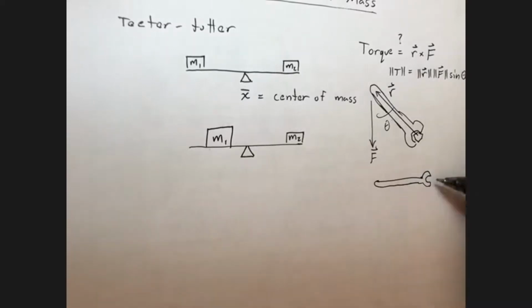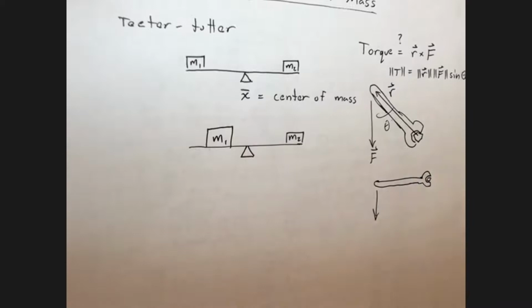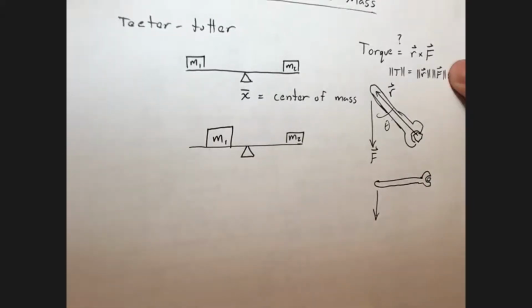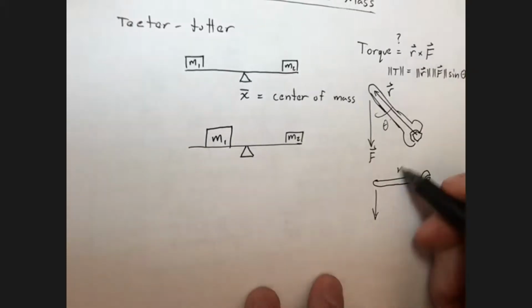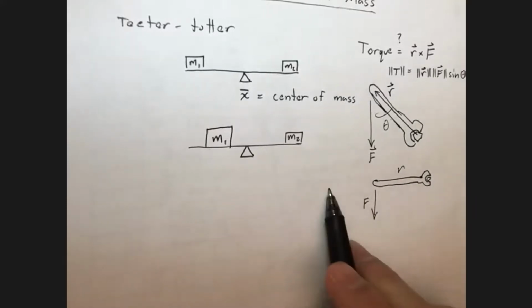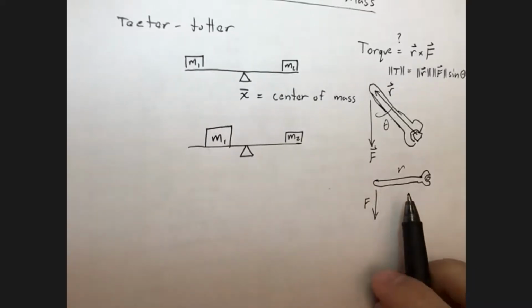But if you're pulling directly down on a horizontal wrench, the sine of that angle is just 1, so it doesn't even play a role. And so you really are just multiplying the length R times the magnitude of the force F, and that gives you the torque. The longer the wrench you have, the more torque you're going to apply.